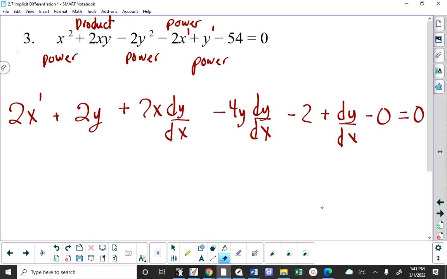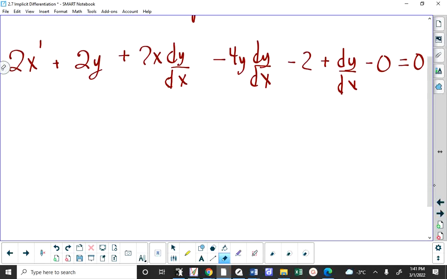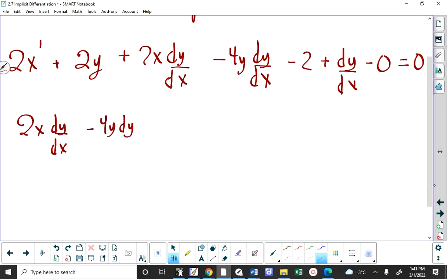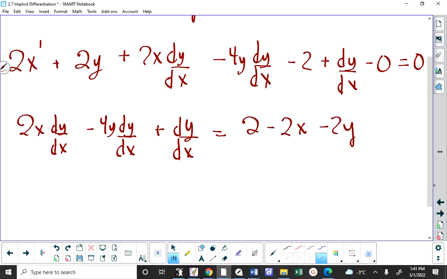For example, if we leave the dy/dx's alone, I have this. And if I move the non-dy/dx terms to the other side, I get 2 minus 2x minus 2y. So I end up here with, I guess, 3 negatives.